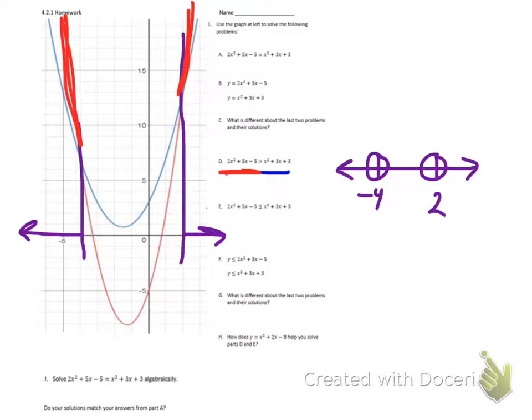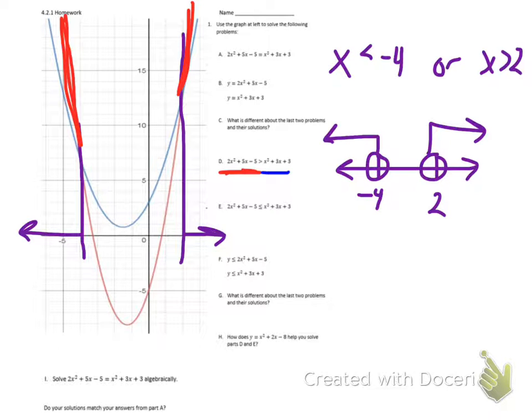So my answer to problem D is represented here. Writing this algebraically is going to be what's called an OR inequality. We have x is less than -4, or x is greater than 2, because my solutions are here or they're over here.